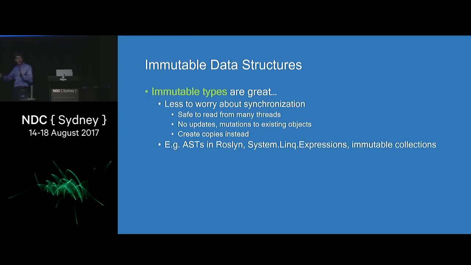If you want consistent reads, but you don't want to pay a price for synchronization, then you can start using immutable collections, where the mutation will create a new copy of the collection and just replace the reference from the old copy to the new copy. So those immutable collections are beautiful, and in fact, if you're in Visual Studio and you're just jamming on the keyboard, right, Roslyn is allocating new data structures for every keystroke.